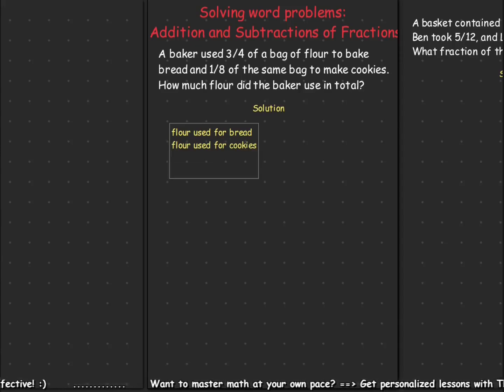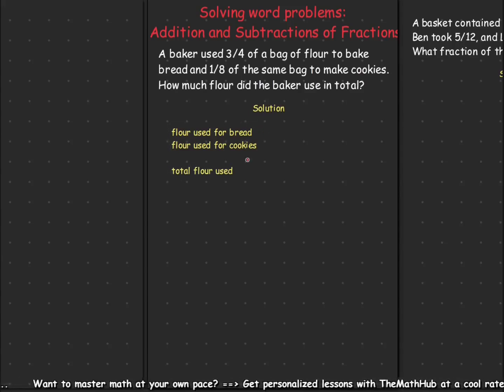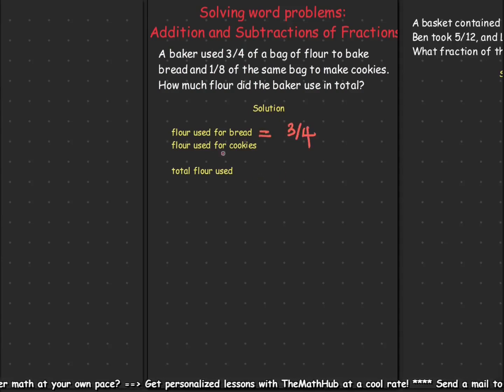And then we will now be solving for the total flour used. So the flour used for bread, from the question, a baker used 3/4 of a flour for what? Bread. That is 3/4. And then the flour used for cookies, 1/8. You see? So how much did he use in total?